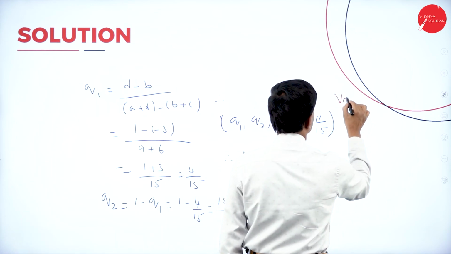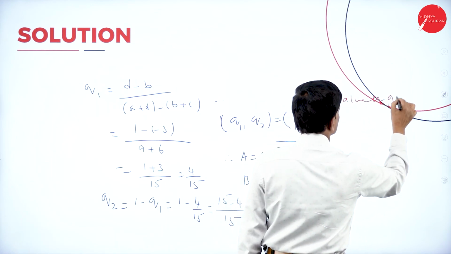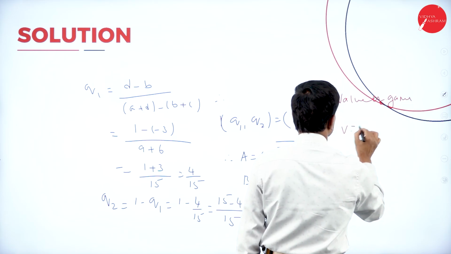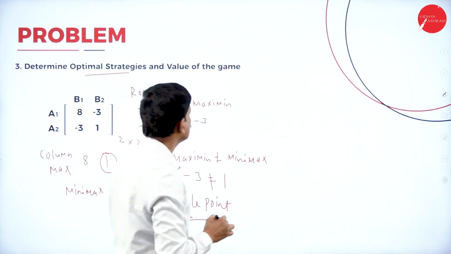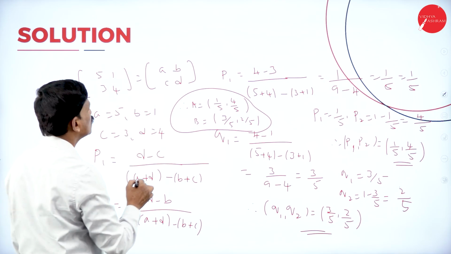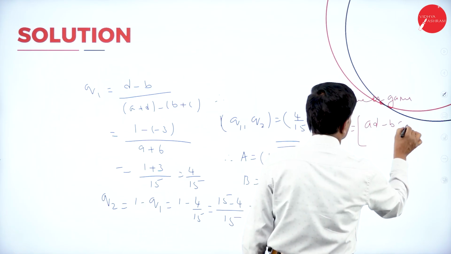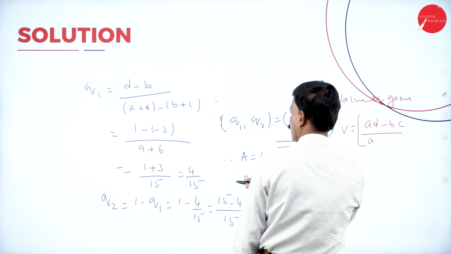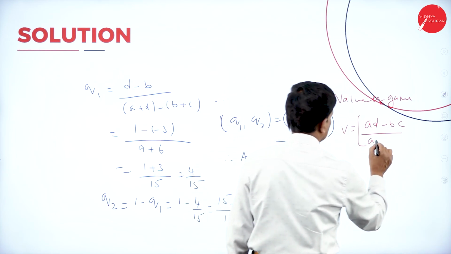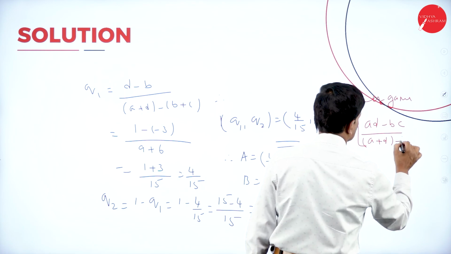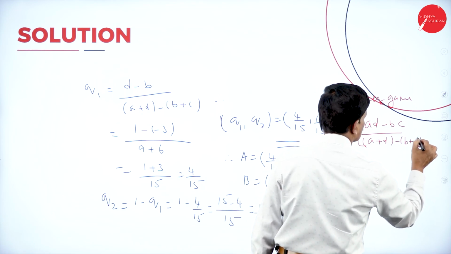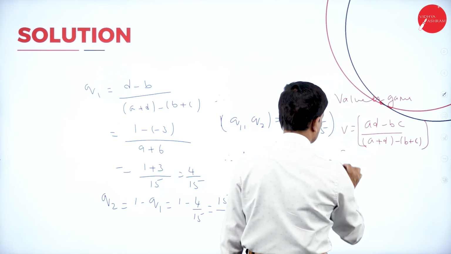The value of the game, what is the formula we have used? This is the formula: AD minus BC divided by the same denominator, that is A plus D minus B plus C. Simplify this.